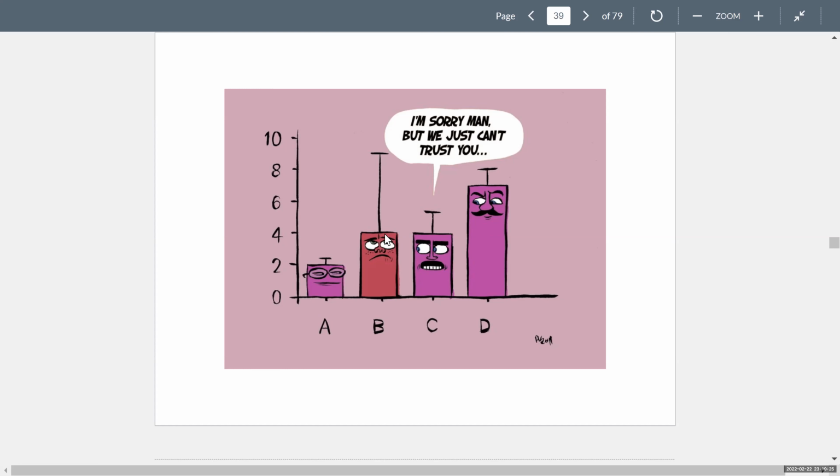We don't know as much about what the actual value of this variable is for this group as we do when the variation around the mean is much smaller. Right, so it doesn't mean that you did something wrong, you didn't inaccurately measure the data, but where we have a lot of variation, it becomes hard for us to say something very clear and strong about what's going on in that group.